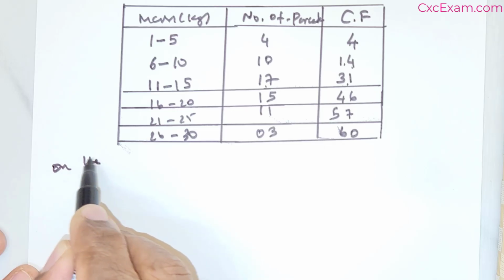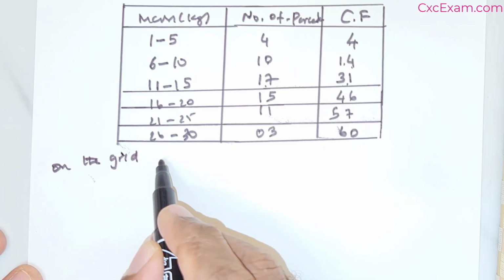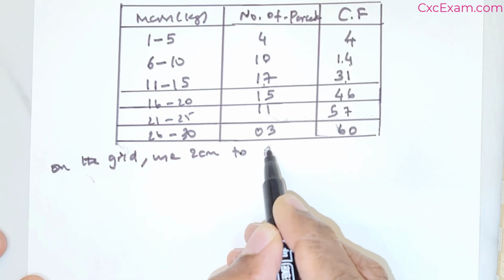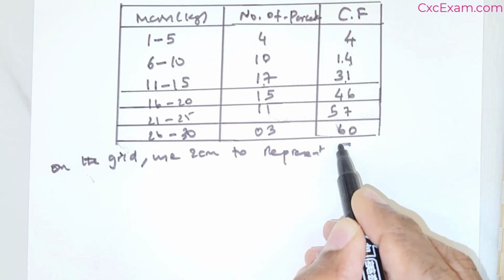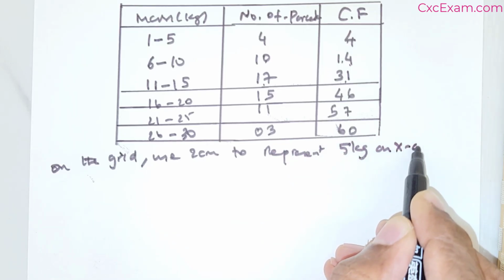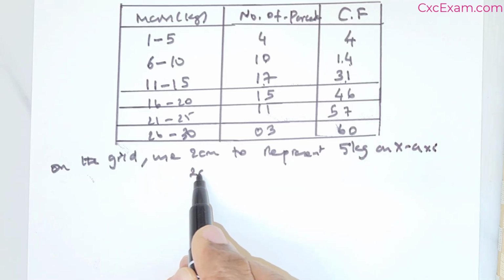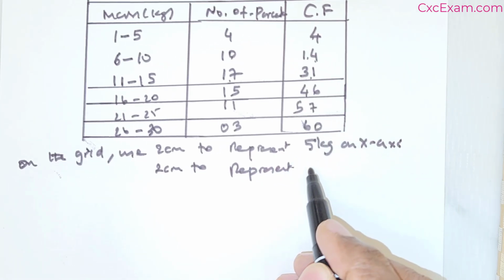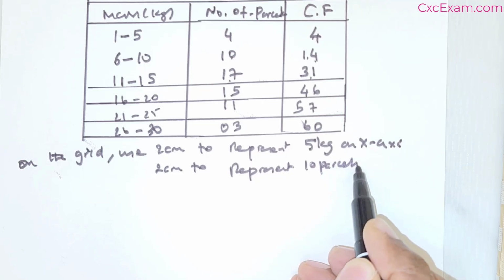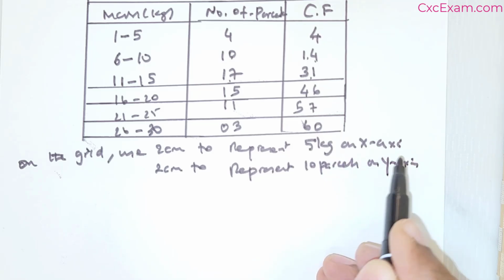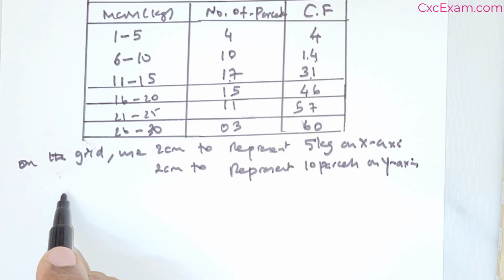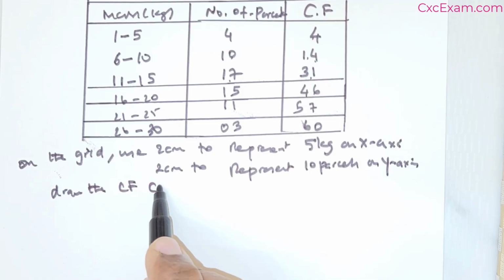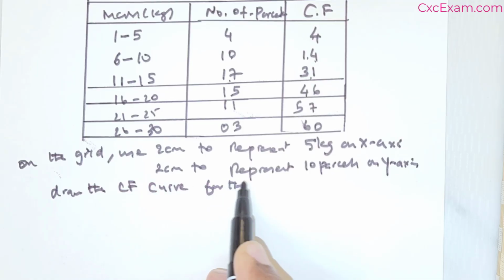On the grid provided, use 2 centimeter to represent 5 kg on x-axis and 2 centimeter to represent 10 parcels on y-axis, draw the cumulative frequency curve for the data.